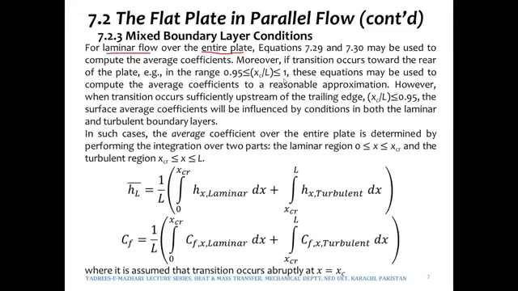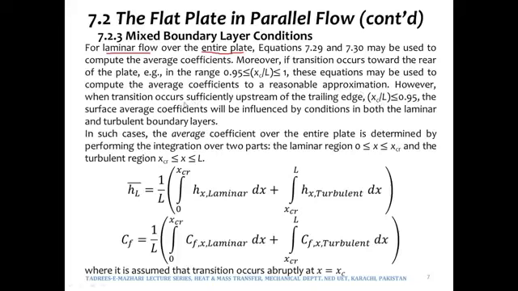Even then those equations 7.29 and 7.30 may be used to compute the average coefficients to a reasonable approximation. Because for 95, 96 or 97% of the length the flow was completely laminar, for the remaining 2, 3 or 4%, even if it becomes turbulent, we will consider that flow as laminar, and those expressions will give reasonably good values.